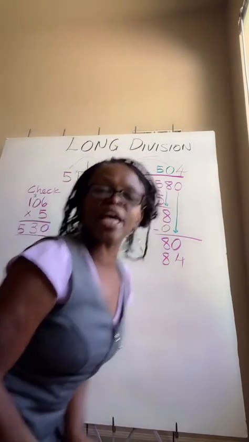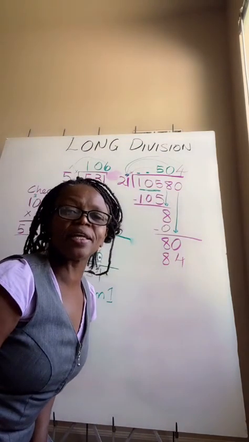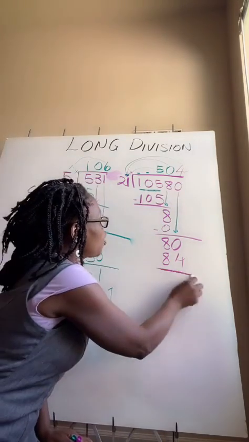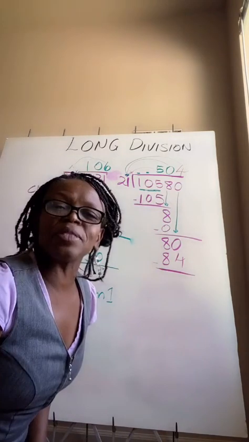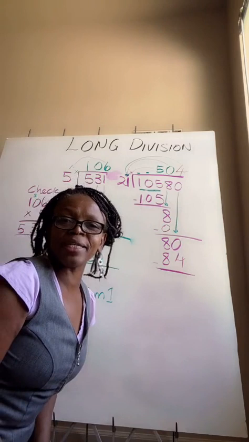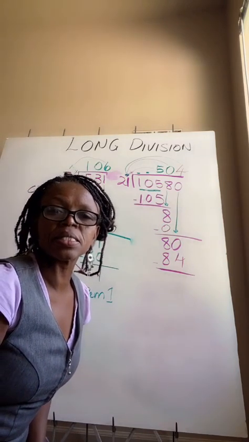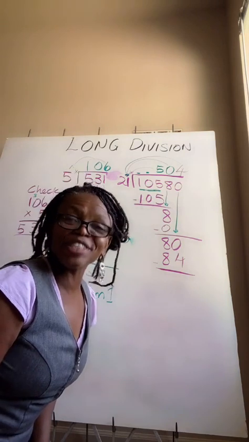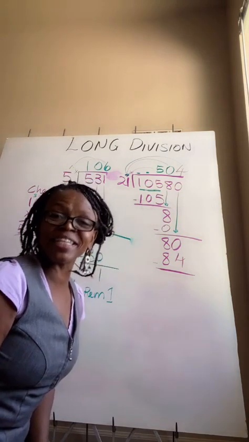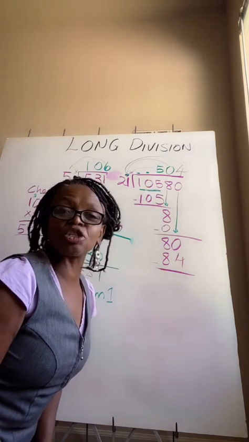The people who said 4, do you still want to go with 4? Do you want to change your mind? Somebody wants to change their mind? And what would you like us to do?